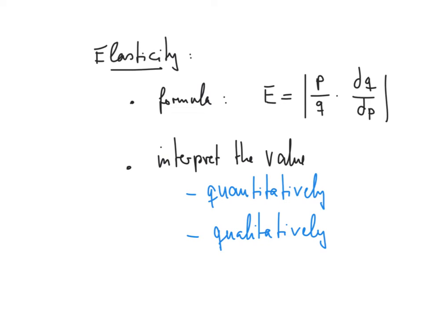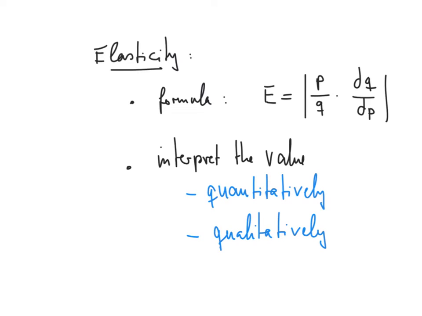Okay, so let's sum up our observations about elasticity. The first thing is how we derived the formula. This is the formula, and I hope now you can compute elasticity easily.